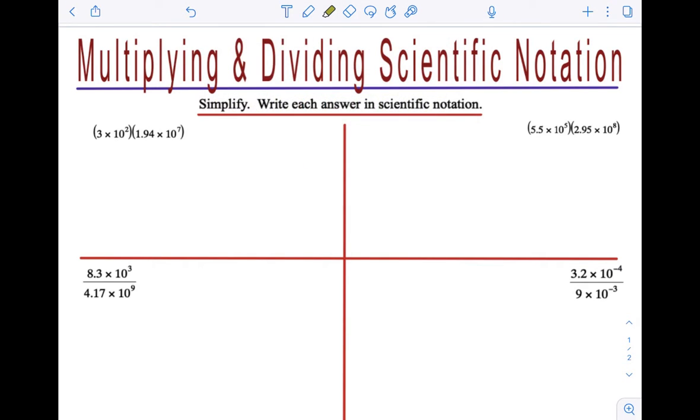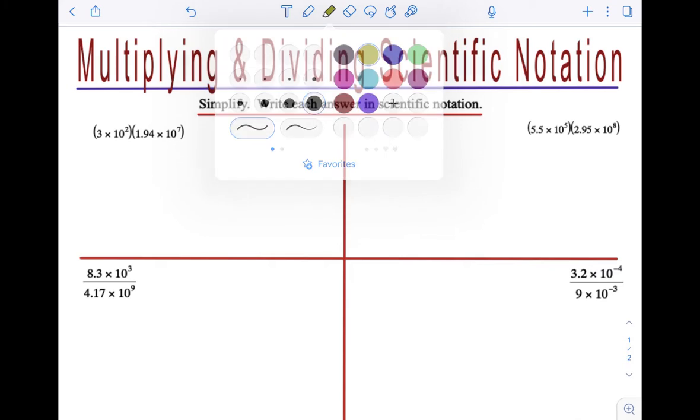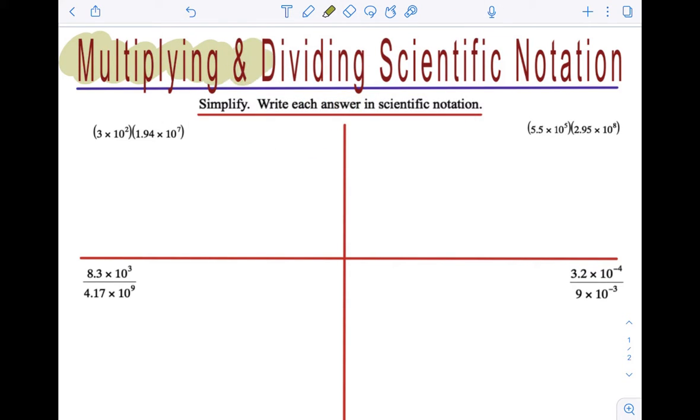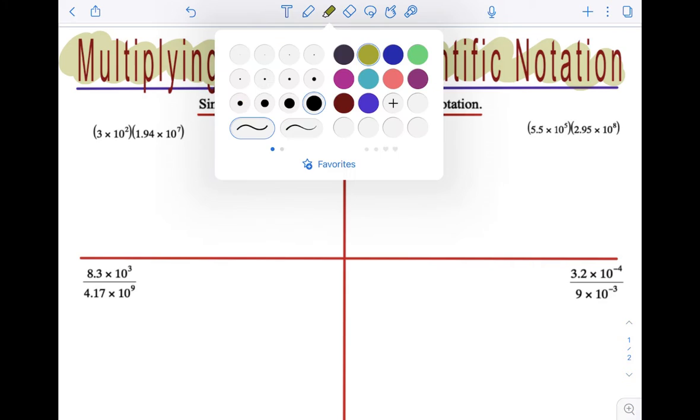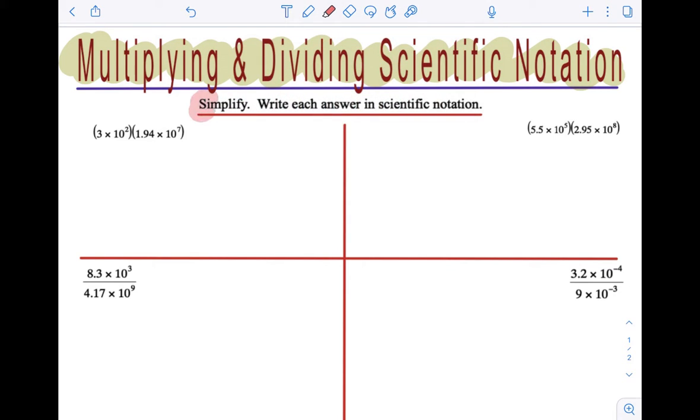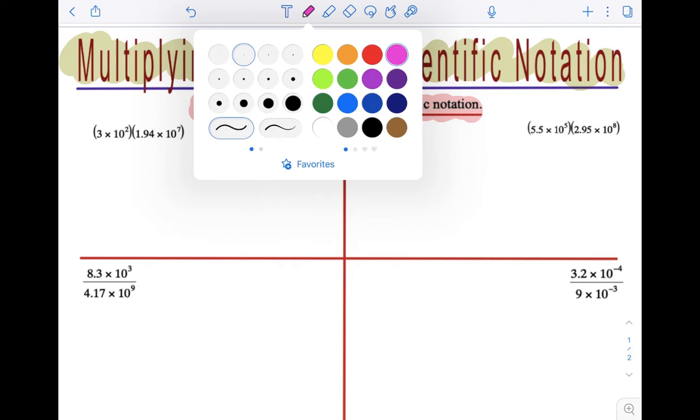And the name of these notes is multiplying and dividing scientific notation. So we're going to multiply and divide scientific notation, okay? So the instructions say, simplify. Write each answer in scientific notation. Okay, simple enough. All right, let's get to it here.